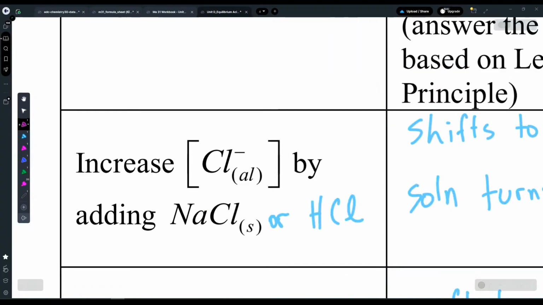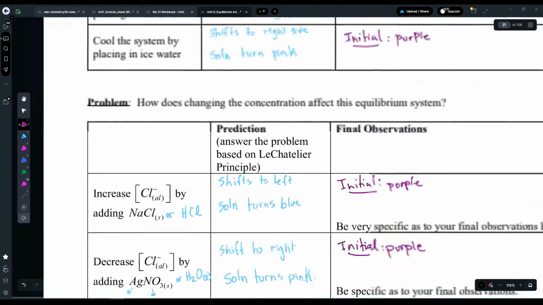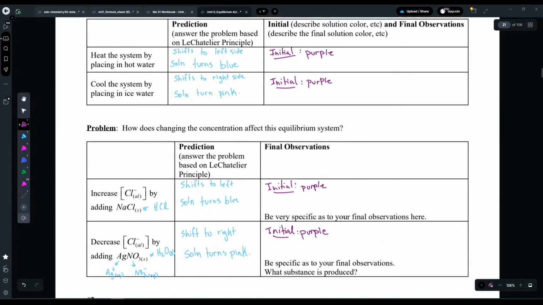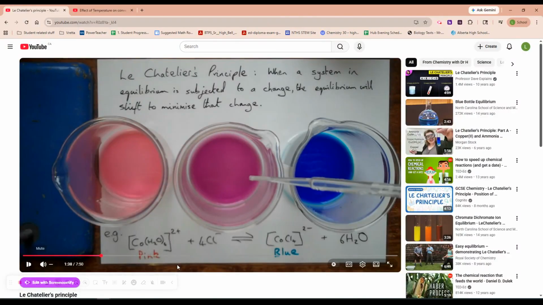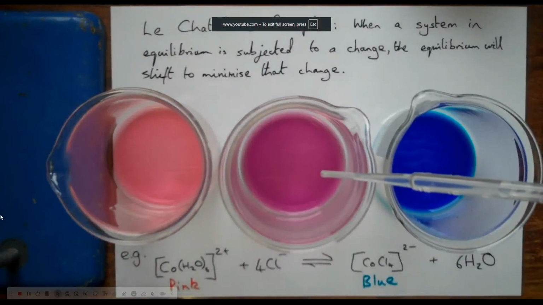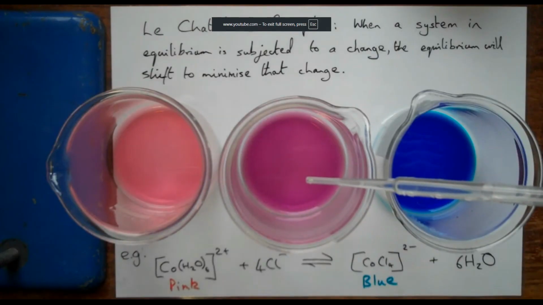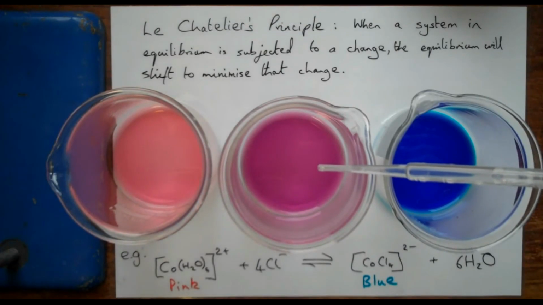He's adding chloride ions right now. Hydrochloric acid, being an acid, has H plus ions, and being hydrochloric acid has chloride ions as well. And this being concentrated hydrochloric acid, we're adding a large number of chloride ions. And watch what happens.